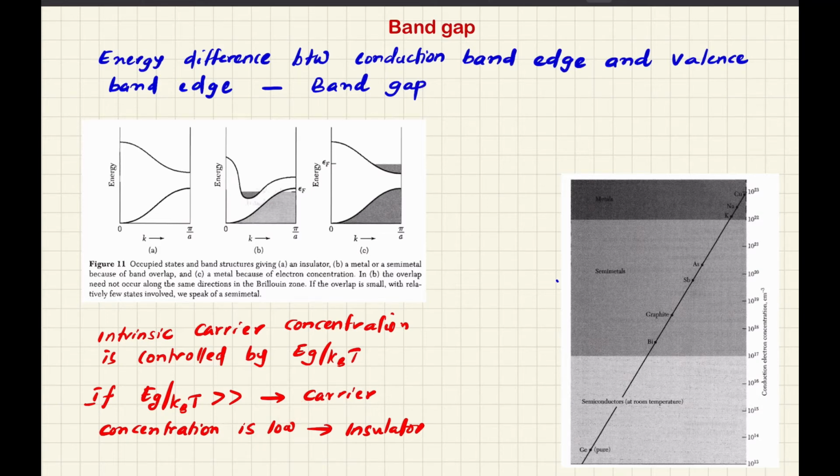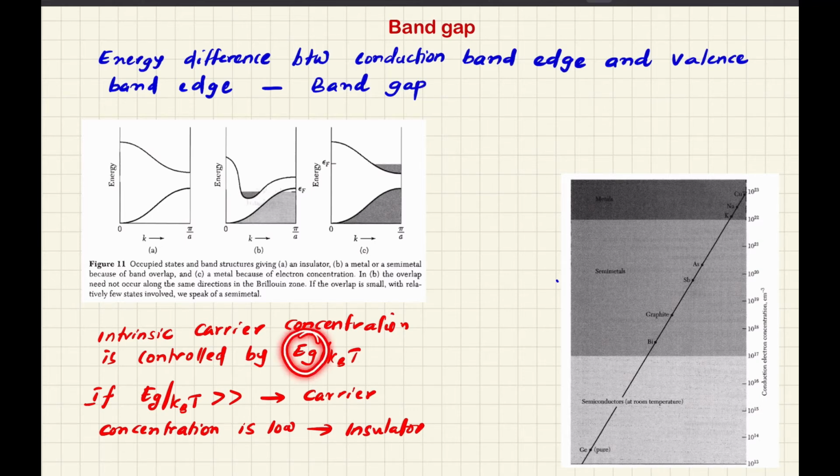Basically the charge carriers in the conduction band will be very low, so that will give you a material which is an insulator. Depending upon the value of Eg, the band gap, we can categorize the material into different names.